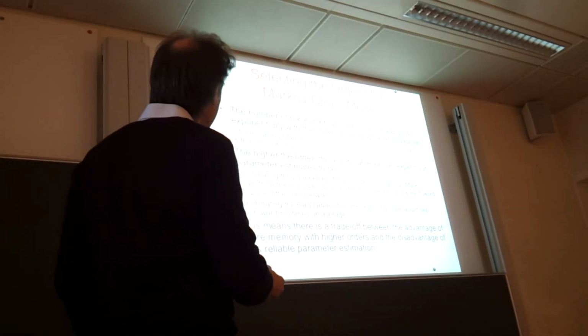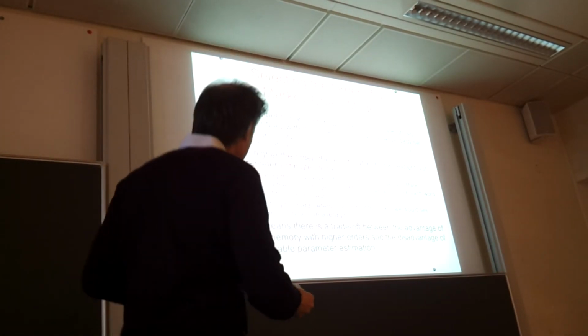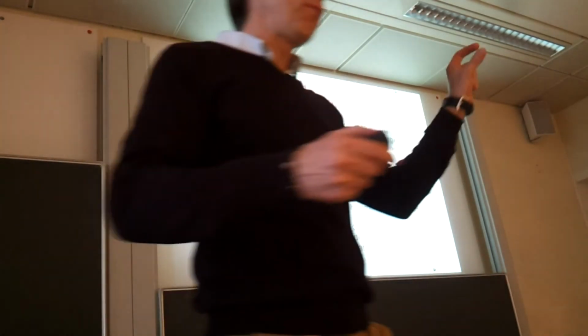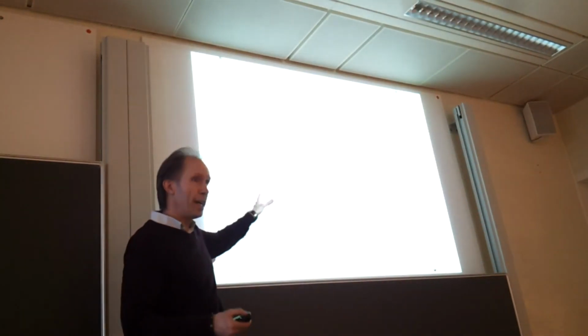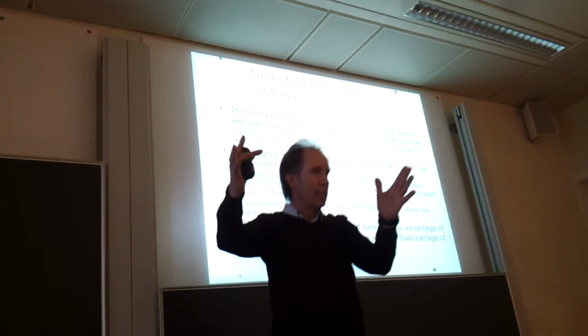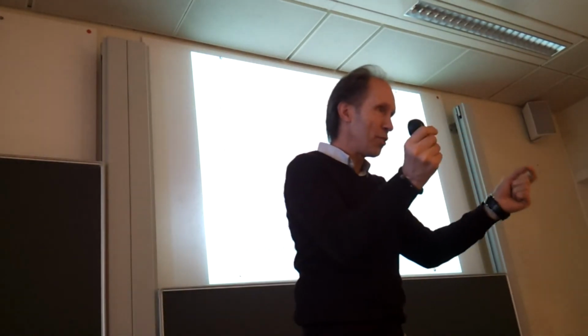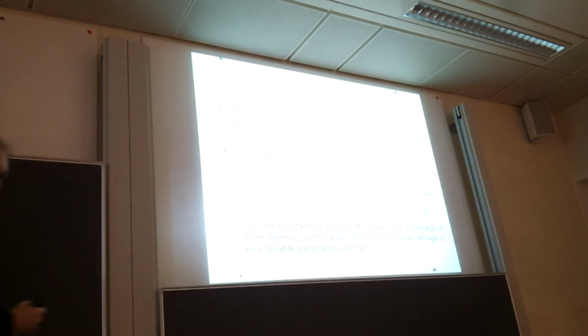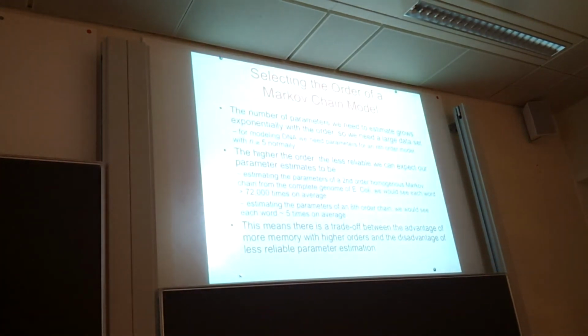Okay, so I'll pick an example. What happens if you use more memory? Instead of observing a single letter in your memory for a first order, you might go to an 8th order. So you need to remember at least 7 letters, right? That means the things you need to count in your database is a string of 7 letters, T, A, C, C, T, whatever. 8 letters.